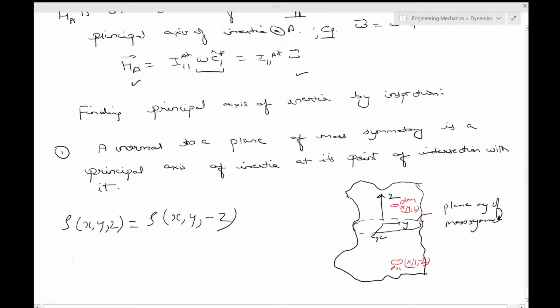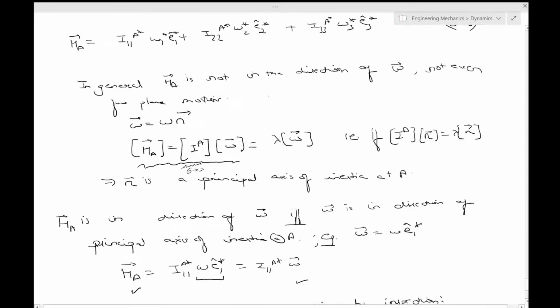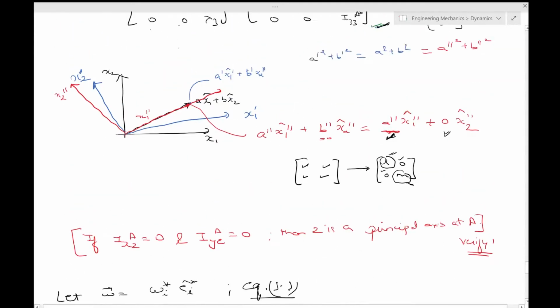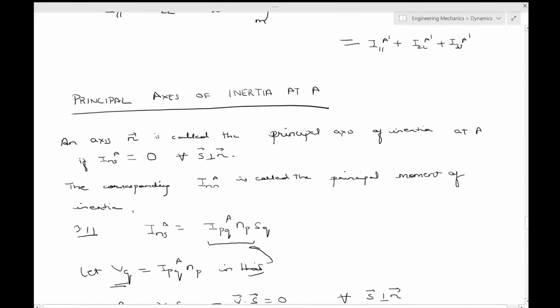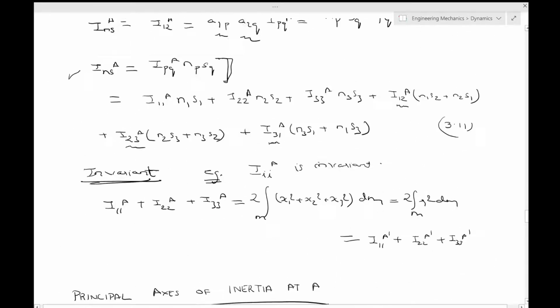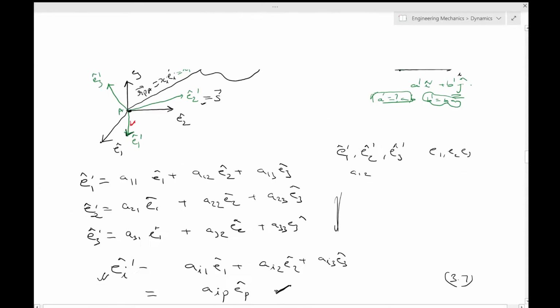And in this particular case you have to say that Izx will be equal to, how do you find Izx? You should look at the equations. I think we have already derived this long before this.